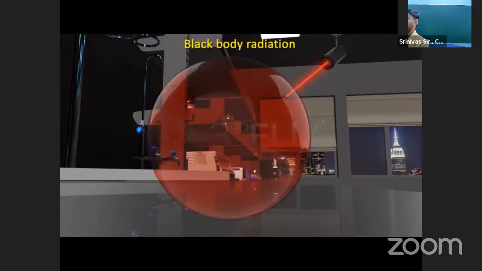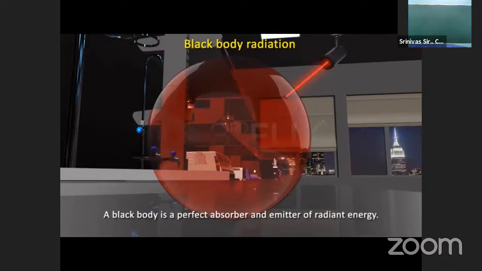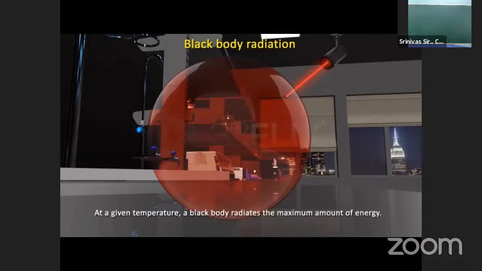Hence, a black body is a perfect absorber and emitter of radiant energy. It is to be noted that at a given temperature, a black body radiates the maximum amount of energy. It further radiates the same amount of energy it has absorbed.